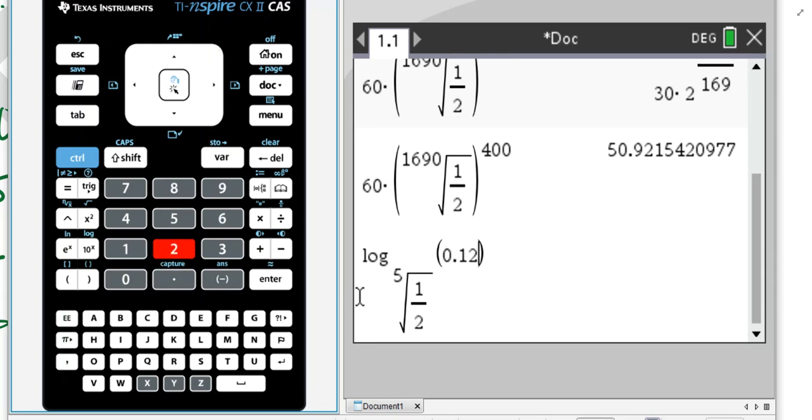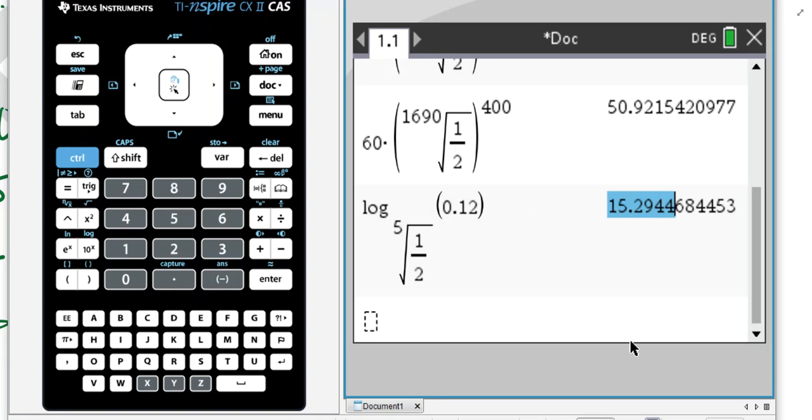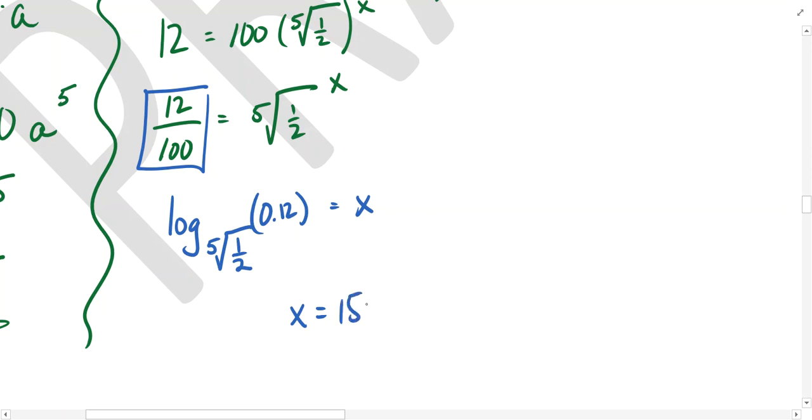However you want to report it, as long as it's equivalent is okay. Pressing enter sometimes doesn't work. It doesn't give us a decimal, but since I wrote this expression with a decimal, an answer with a decimal was also prepared. So I'm going to call this 15.2945. And our unit for x was days.